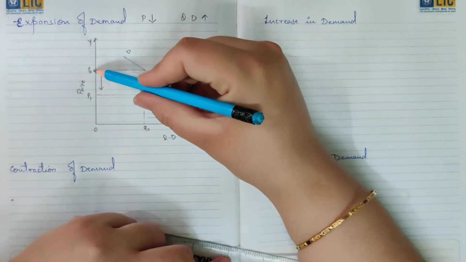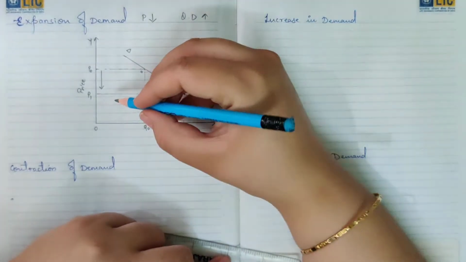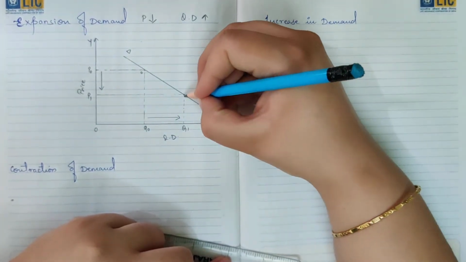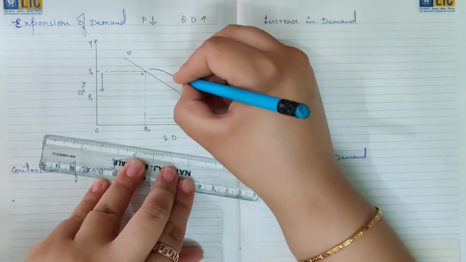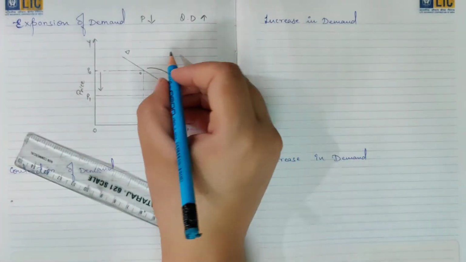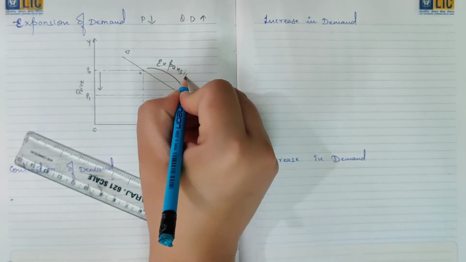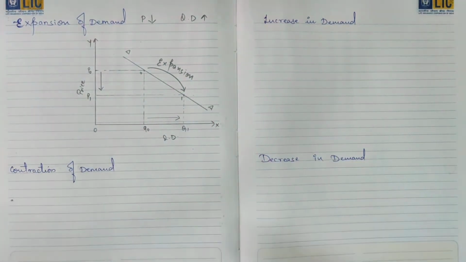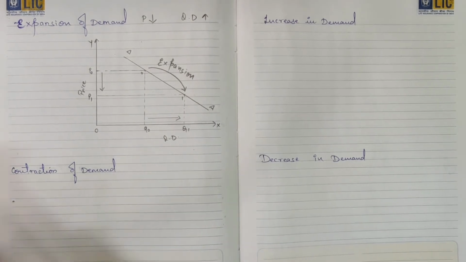The previous combination was 0, and now you've reached another combination, that is 1. So from 0 to 1, just put an arrow. It's very simple, from 0 to 1. And you will write expansion of demand. It is also written as extension or a downward movement, any name you can write. I hope I am clear with the diagram.